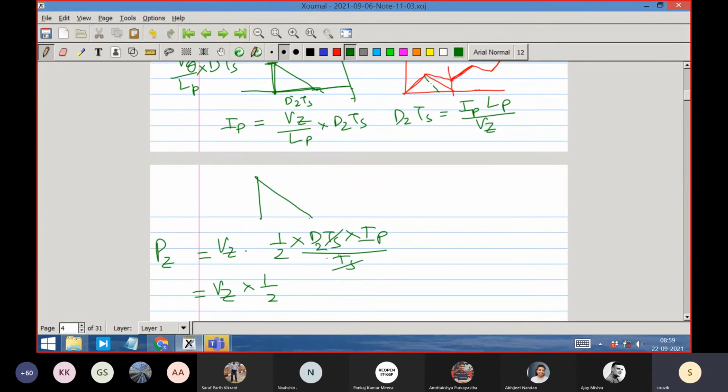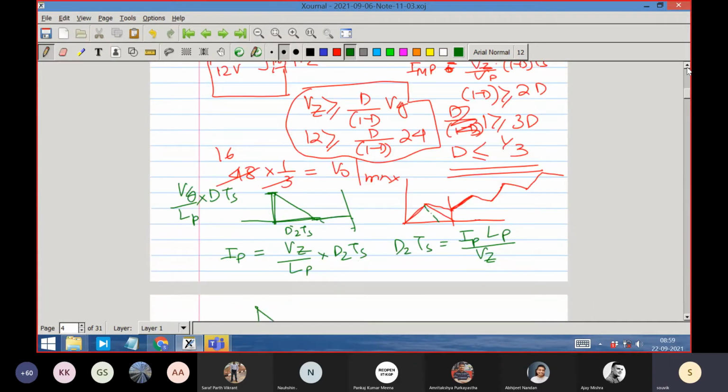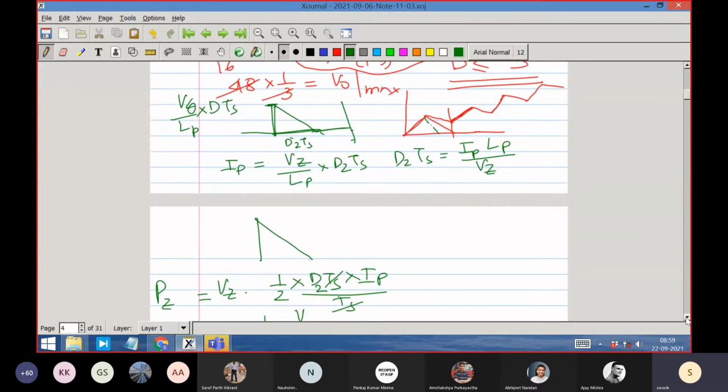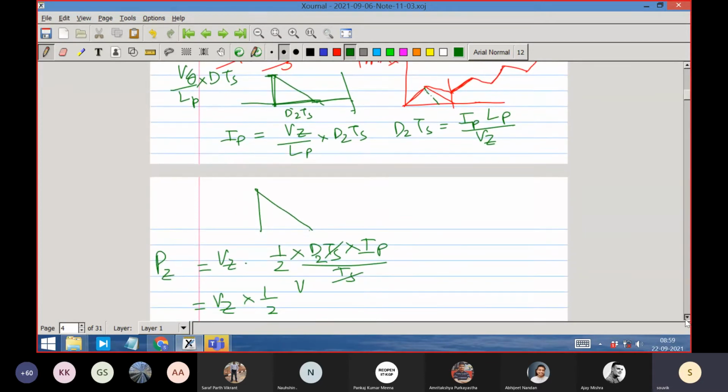Okay, so I peak was how much? The basic I peak is Vg by Lp into dTs. Vg by Lp into dTs, that is I peak, into D2.